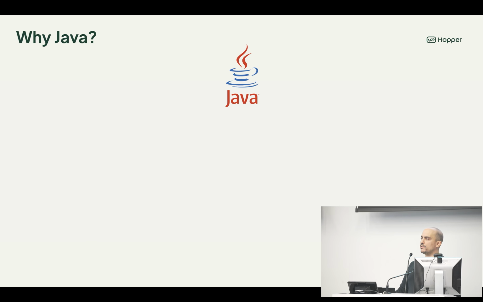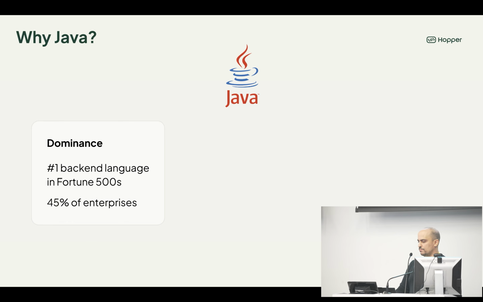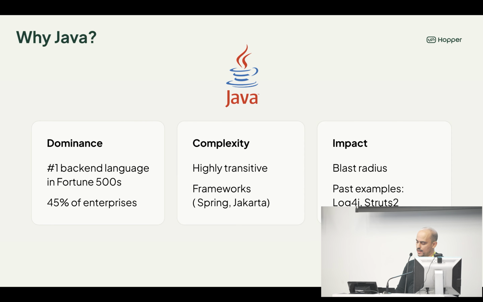So, why are we talking about Java today? Java is the number one backend language in the Fortune 500 companies. Nearly 50% of the applications in those companies are built with Java.